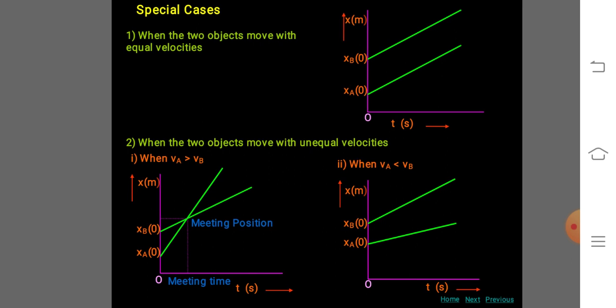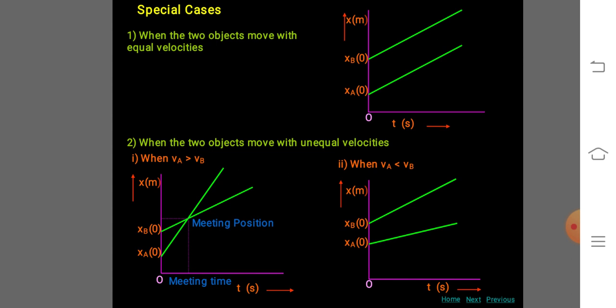Next, when the two objects move with unequal velocity, VA is the velocity of object A and VB is the velocity of object B. Here there are two cases. In the first case we take VA greater than VB. At that time VB − VA is negative, because VA is greater than VB.